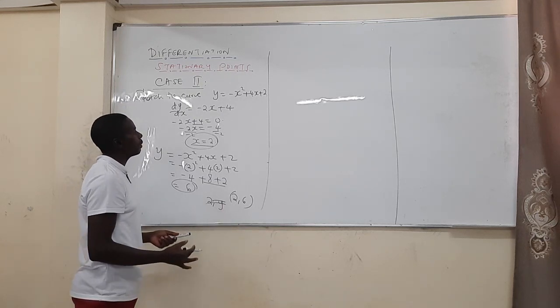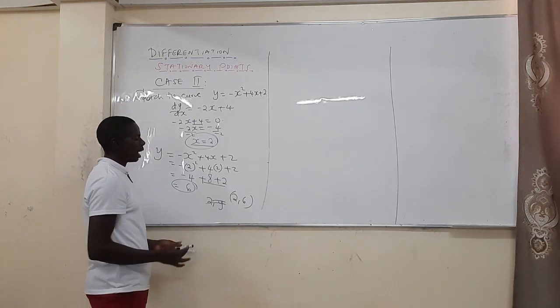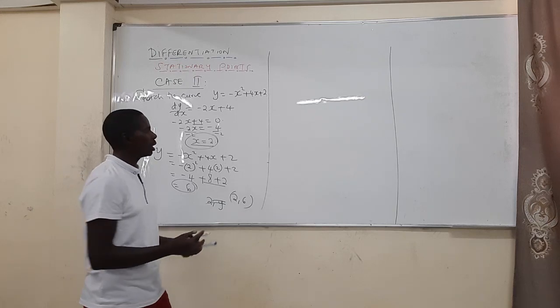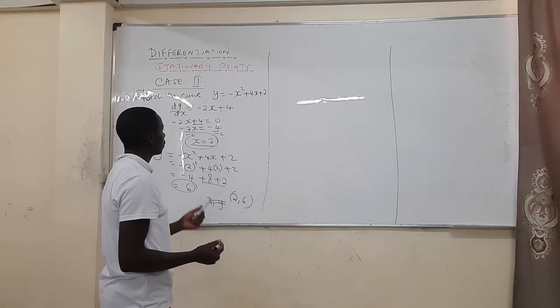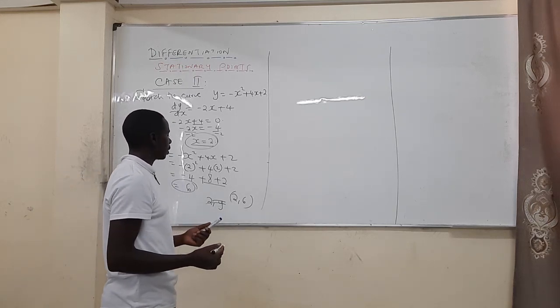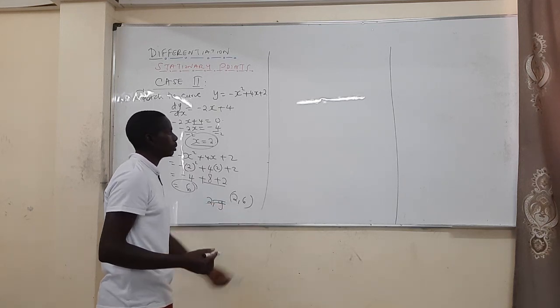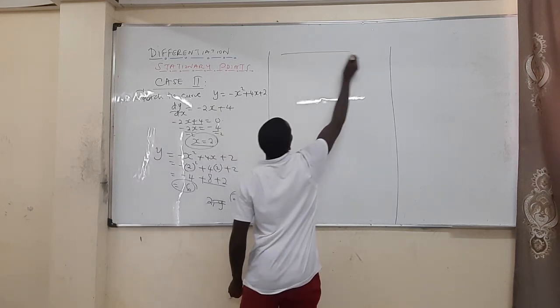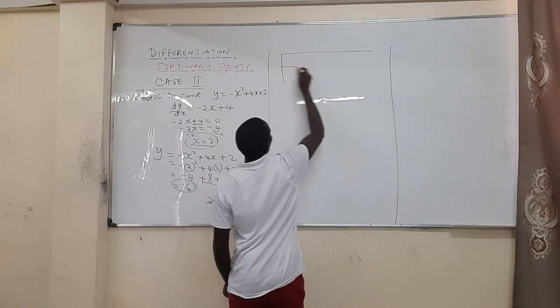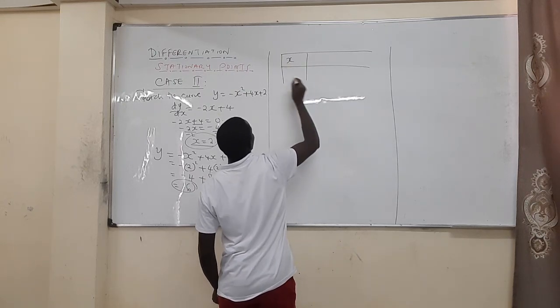So we want to see the behavior of the curve around the stationary point. So you're going to look at the gradient on the left hand side and the gradient on the right hand side of the stationary point. So we are going to make a table where we have our x and then the gradient.